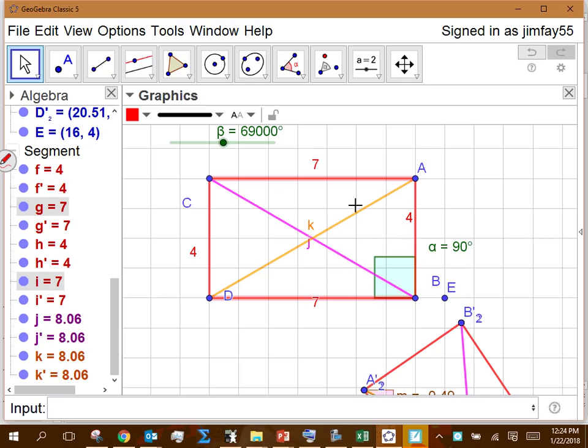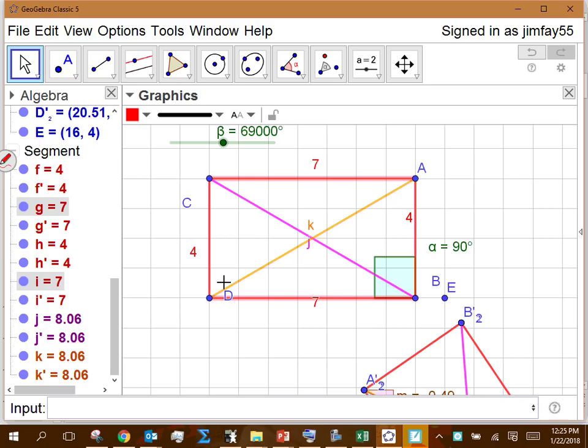Meaning that that's a parallelogram and that's a right angle. So that's got to be a right angle up here, doesn't it? If it's a parallelogram, consecutive angles have to be supplementary. So that one's 90, so this one up here is 90. If that one's 90, what's this one? 90. And if that's 90, what's this one? 90. So by basically figuring out that we can have four right angles there, we know by definition that makes a rectangle. And with rectangles, we see that diagonals are, in fact, congruent.